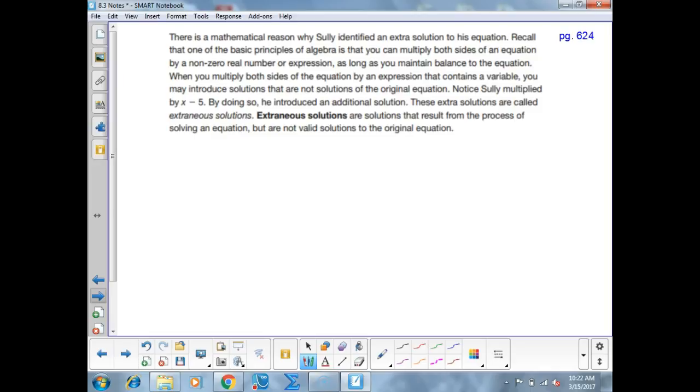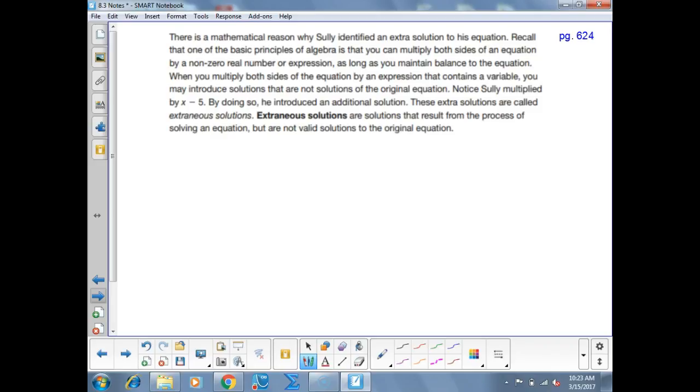Now, there's a paragraph on page 624 that deals with extraneous solutions. An extraneous solution is an answer that you get at the end of the problem, but when you plug it back into your problem to check your work, you'd get a non-true statement. It's an answer that you get, but it doesn't work out.